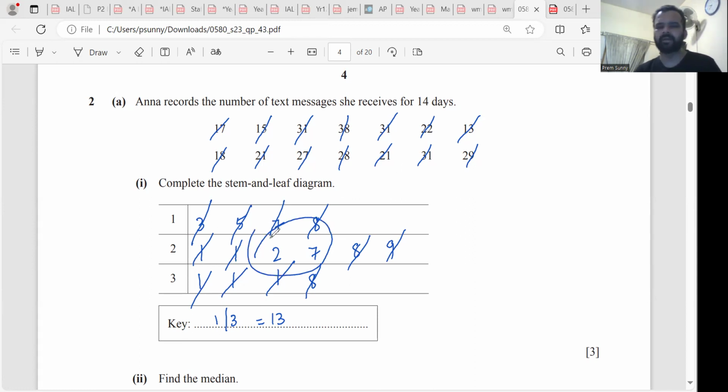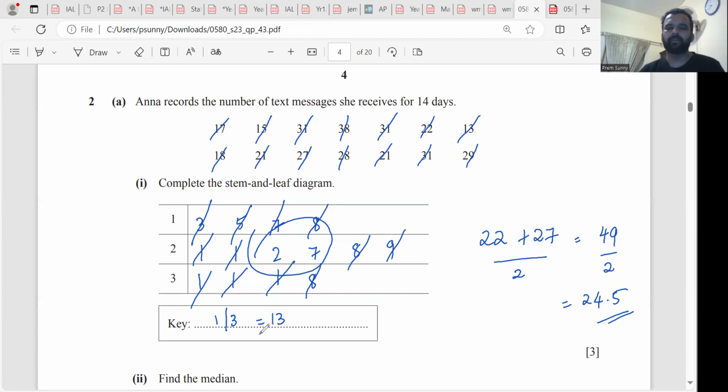Median is basically the middle term. So 22 and 27. If we have two numbers in the middle, you add them both and divide by 2. 22 plus 27 is 49. 49 divided by 2, that is basically 24.5. So 24.5 will be the median.